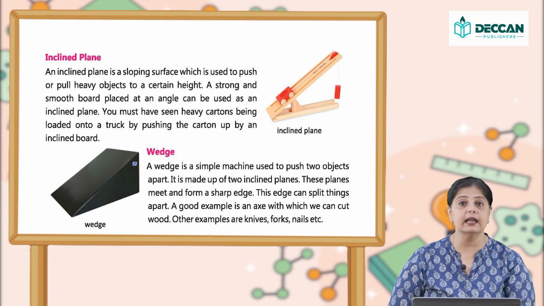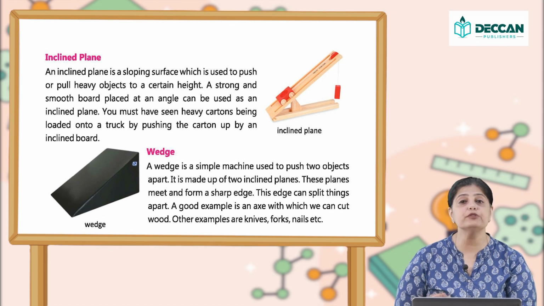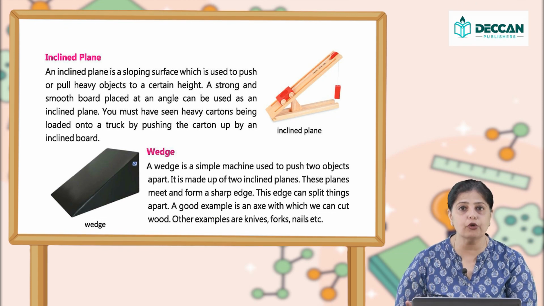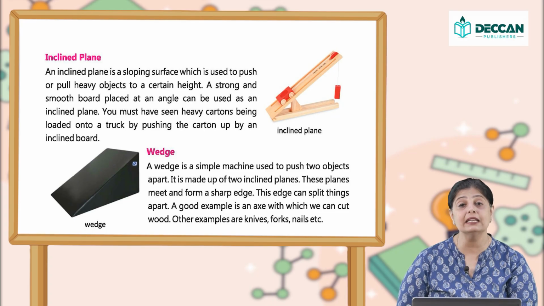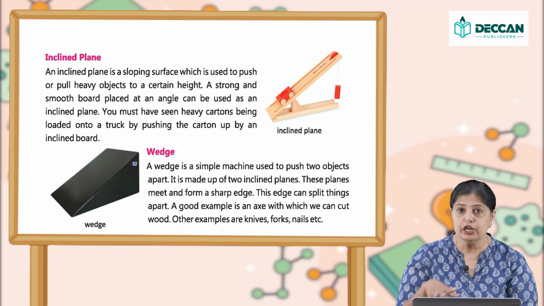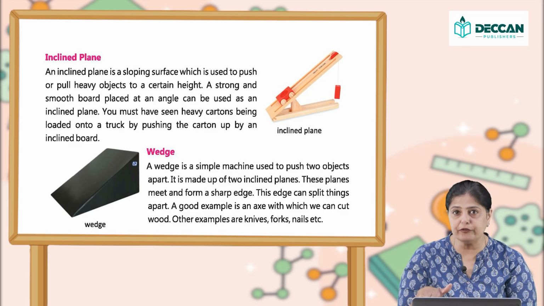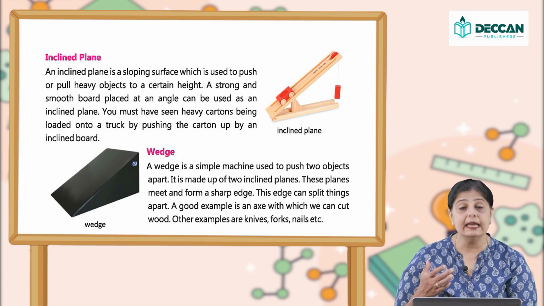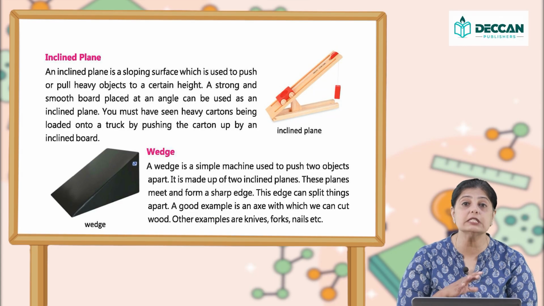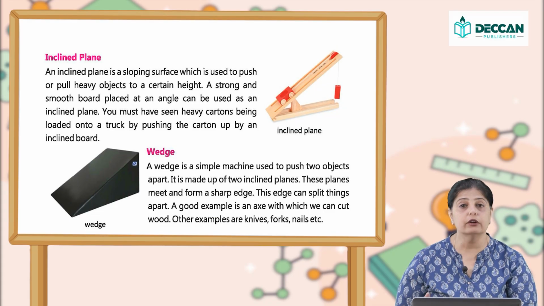Next is the inclined plane. Sometimes you must have seen near the hospitals and in the malls that there is an area which has a ramp-like thing. It is a slanting type of thing. That is known as an inclined plane. An inclined plane is a sloping surface which is used to push or pull heavy objects.